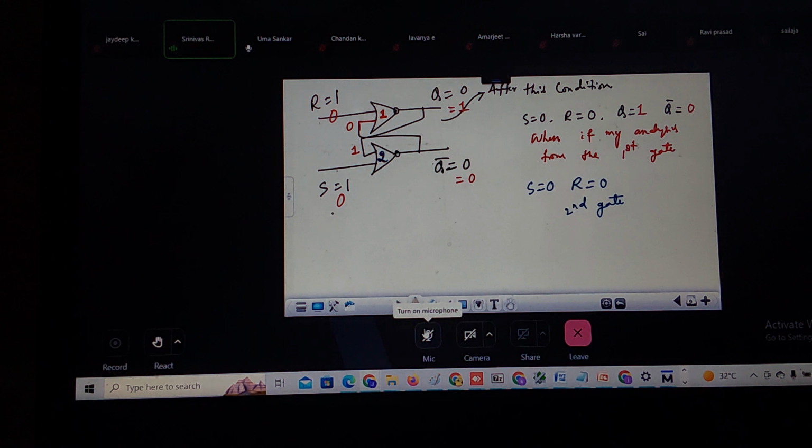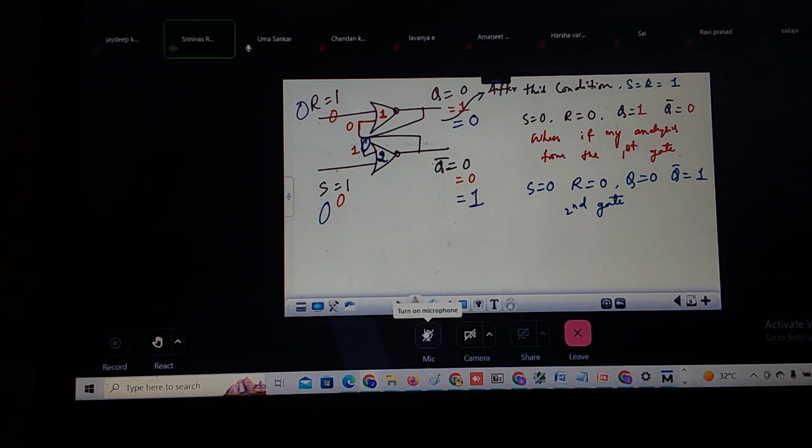Now my analysis starts from the second gate, so this becomes 0. 0, 0 means now Q bar becomes 1. When Q bar becomes 1, Q is equal to 0. Now in this case, I am getting Q is equal to 0, Q bar is equal to 1. This has happened after this condition.